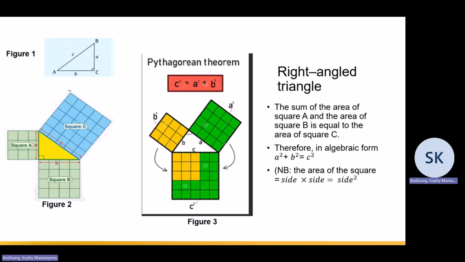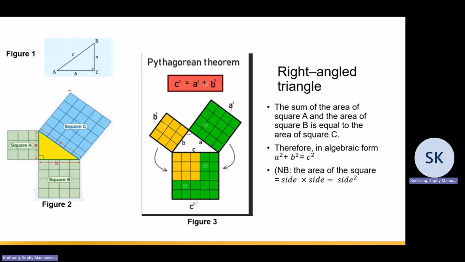Now, if I want to state it clearly, the theorem says the square on the hypotenuse is equal to the sum of the squares on the other two sides. So that is the theorem of Pythagoras. I think it's very clear. You understand the meaning in terms of the area, and in terms of the small squares.